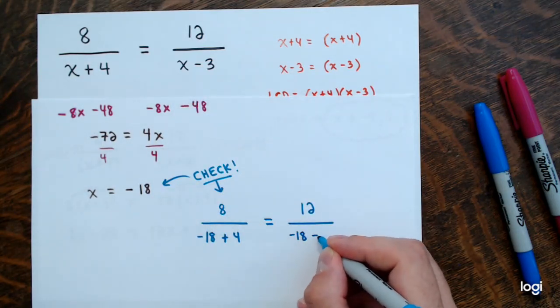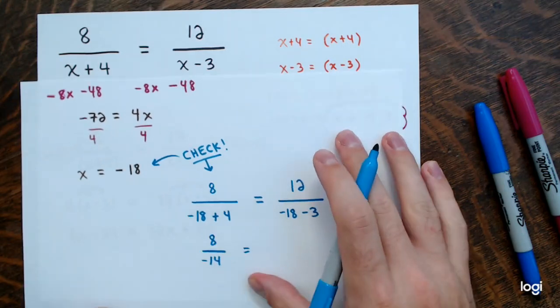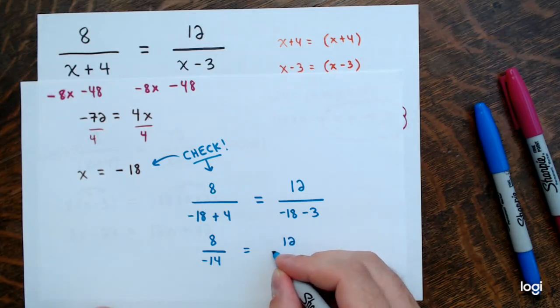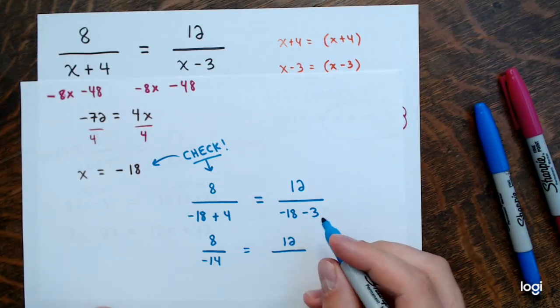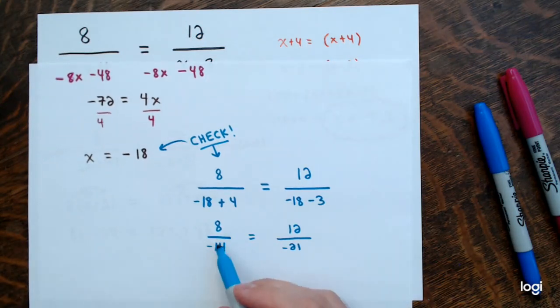Negative 18 minus 3 in the denominator. So this side is 8 in the numerator. Negative 18 plus 4 is negative 14 in the denominator. This side has 12 in the numerator. Then negative 18 minus 3 is negative 21 in the denominator. And both of these will be negative, right? Negative, negative.